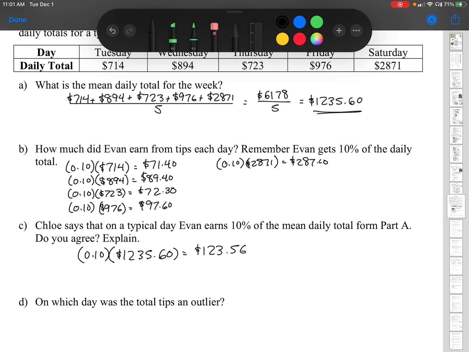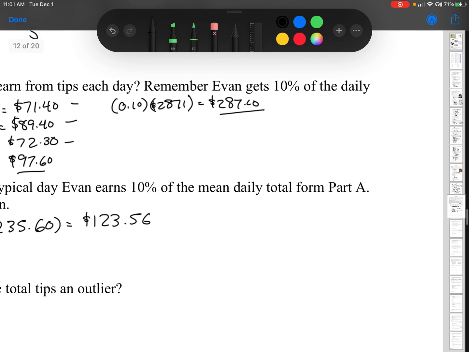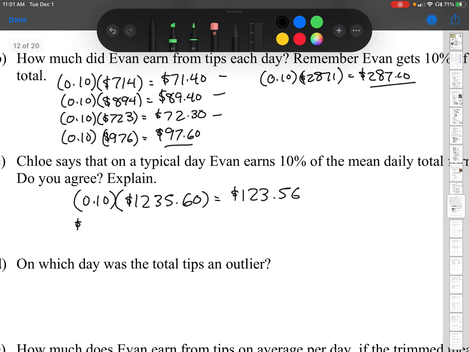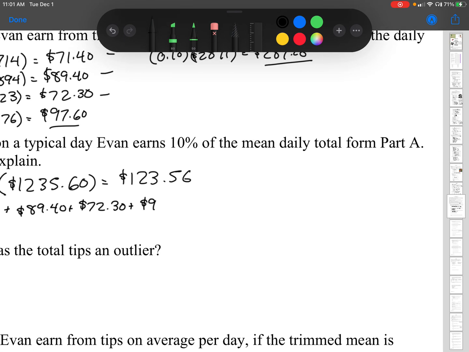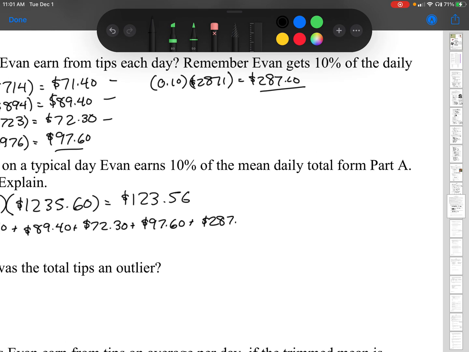When we're looking for a typical day, all that's asking us to do is just average or take all the amounts that he makes through the week and average those. So doing that, we get 71.40 plus 89.40 plus 72.30 plus 97.60 plus 287.10 gives you 617.80.